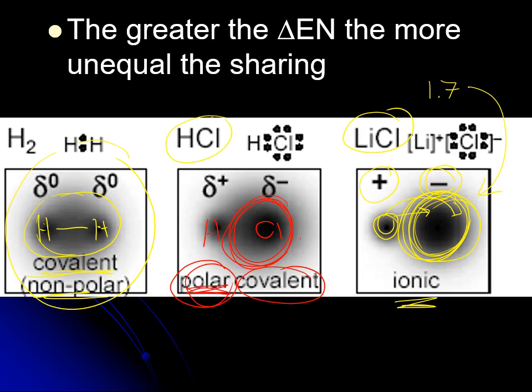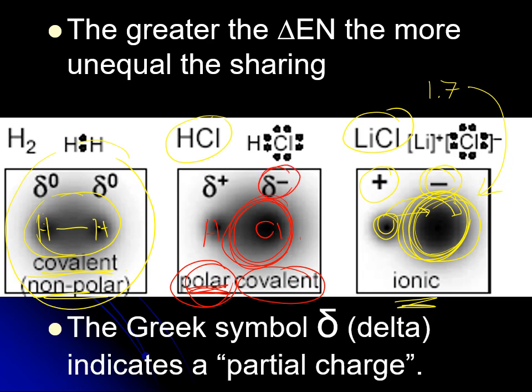That's what polar means, is you've got these differences. And we use this little symbol here. This is a lowercase delta. And it is saying that chlorine here has a negative charge, but it's not an ionic charge like it has in lithium chloride. It's not taking the electron away from the hydrogen. It is just hogging the electron. And so we put this lowercase delta sign to represent a partial charge.